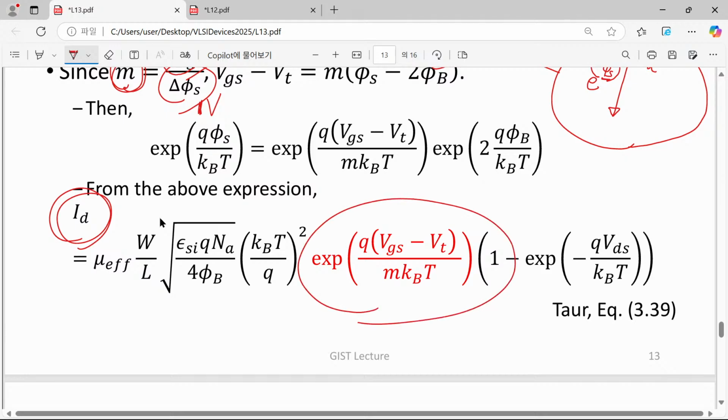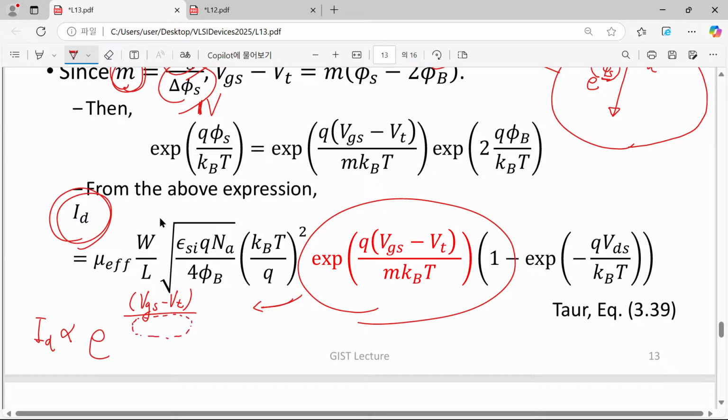Let me write it down once again: ID depends exponentially on our gate overdrive voltage, but here we have a certain number.